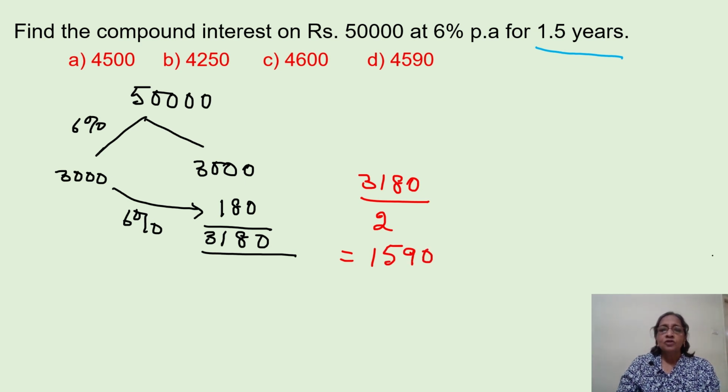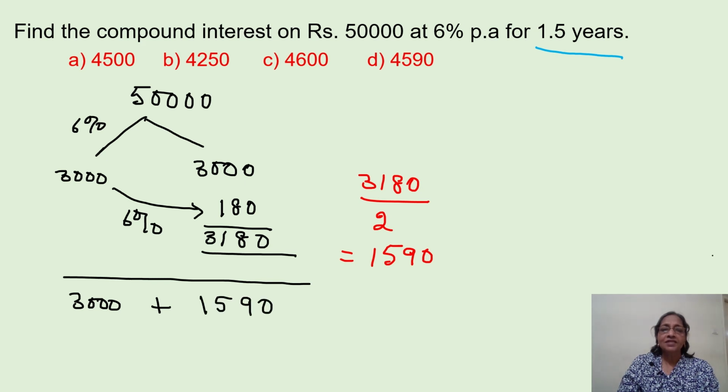Okay, so what we get final answer here, 3,000 for the first year, and for half a year I will get 1,590, which is nothing but 4,590.